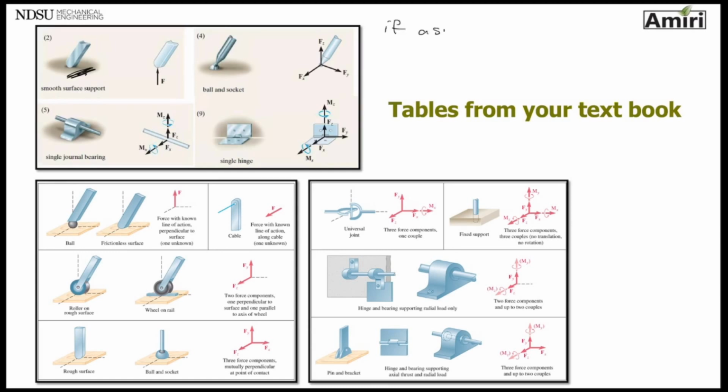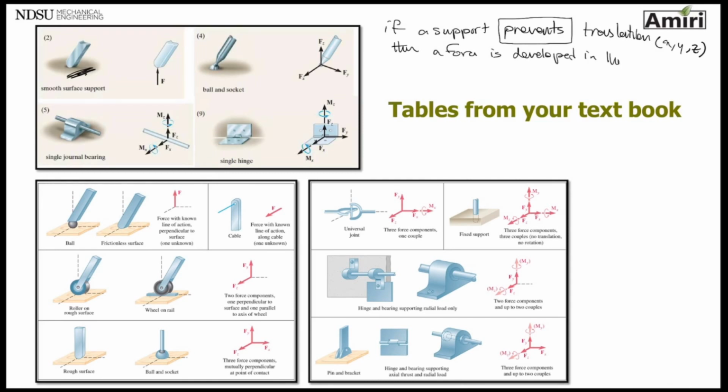If a support prevents, okay, that's the key word, whichever it prevents, that's where we care about. Translation, meaning movement in X, Y, or Z, then a force is developed in that direction.